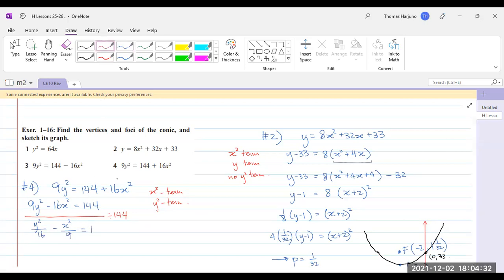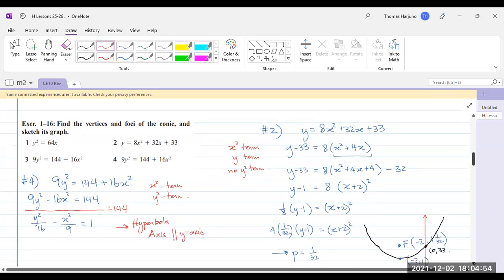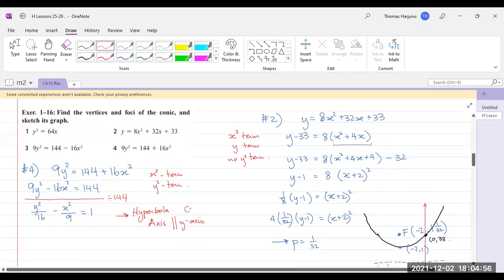Then from here we see, oh, that's a hyperbola. And the axis is parallel to the y-axis. Actually, because the center of this hyperbola is the origin, then the axis will be the y-axis.